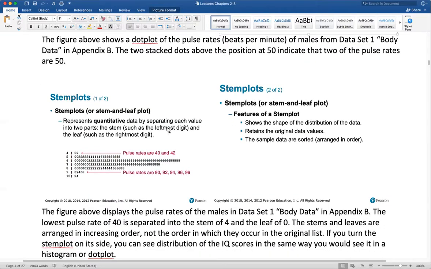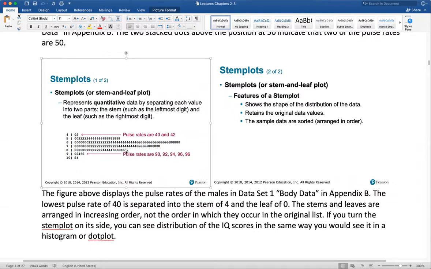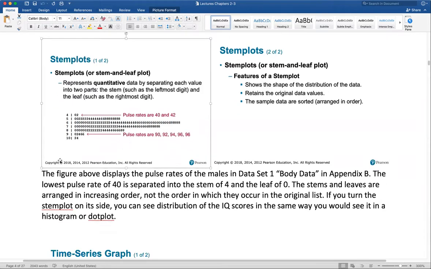The stem plot represents quantitative data by separating each value into two parts. The stem means the leftmost digit, and the leaf is the rightmost digit. Okay, so in this example, the figure above displays the pulse rates of the males in the Data Set 1 Body Data in Appendix B. That data is on the Blackboard.